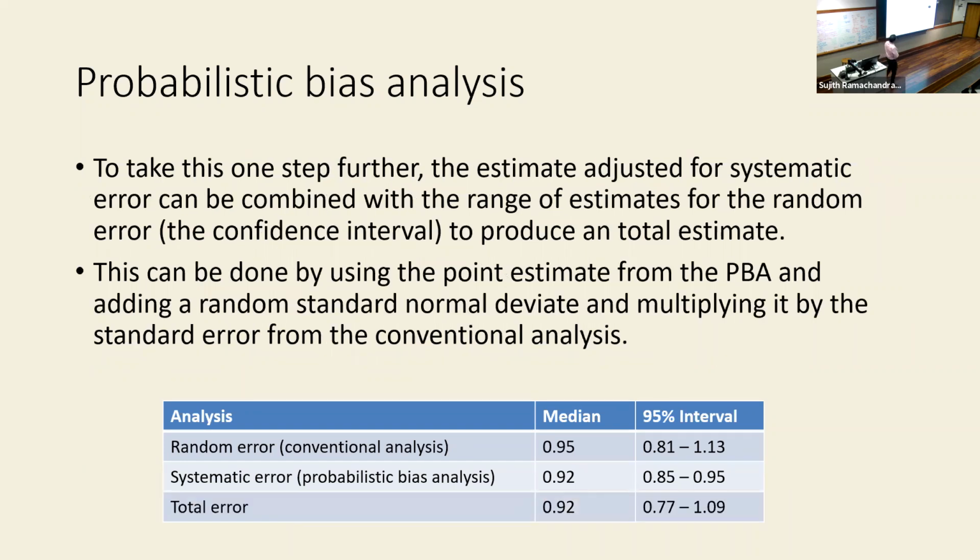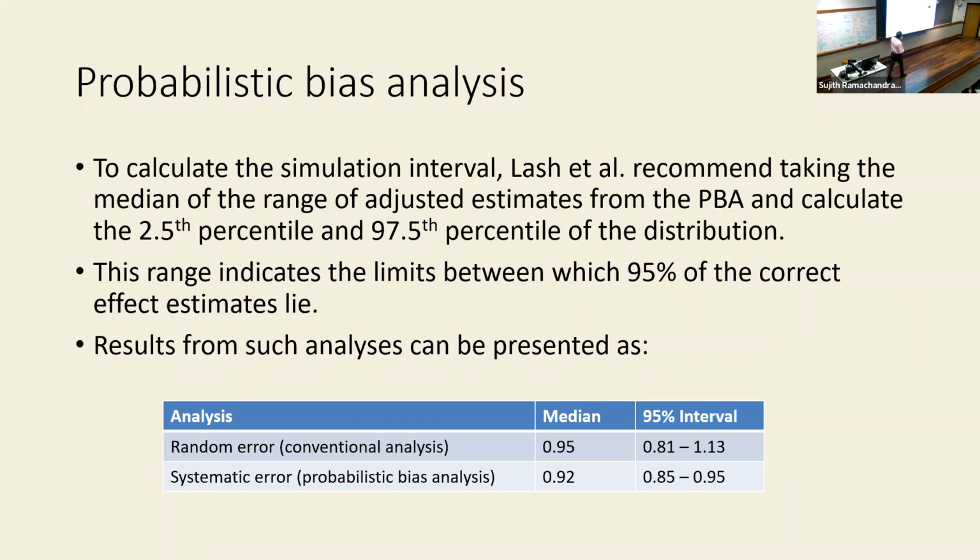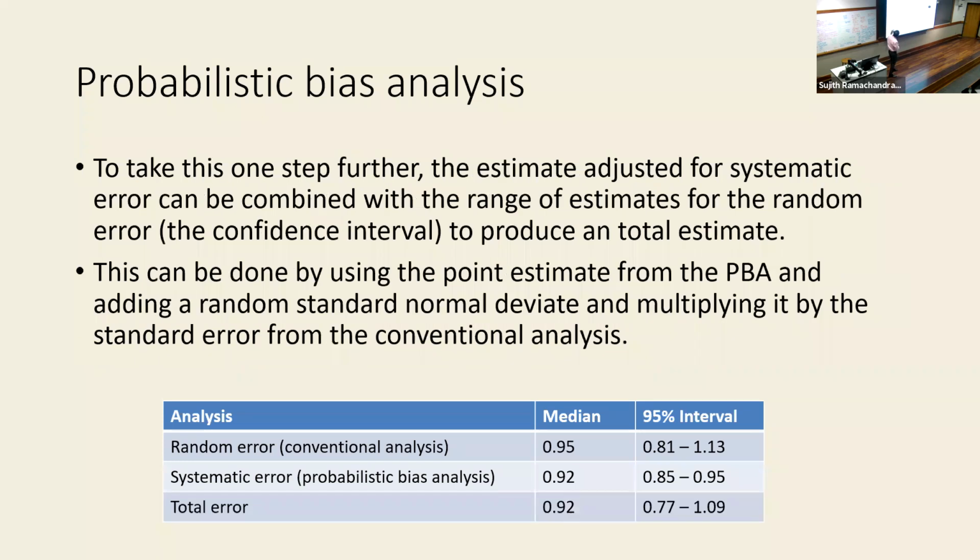In order to do that, the authors recommend a very simple approach. Take the systematic error point estimate, the 0.92 from the second row here, and simply multiply it by a random standard normal deviate between 0 and 1, multiplied by the standard error of the estimate from your conventional analysis, and then you will obtain a total error analysis.